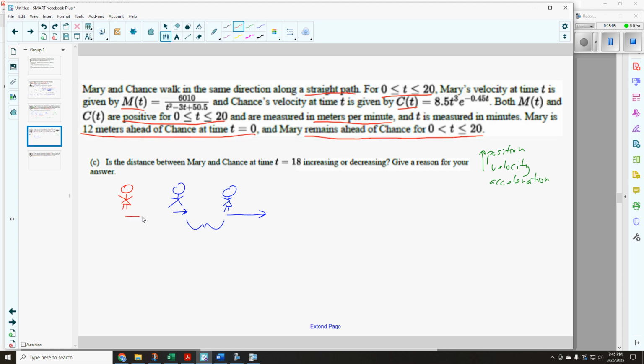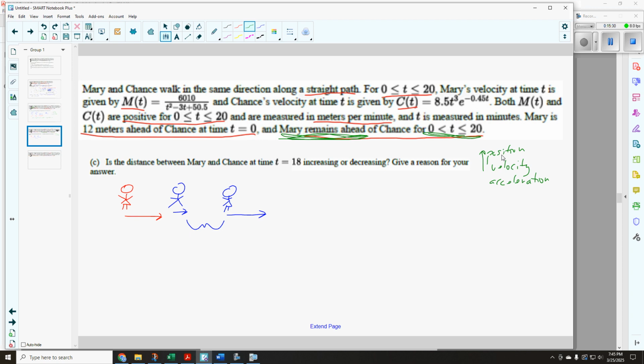Then if her velocity is greater than Chance's, then the distance between them is going to be decreasing. So I thought, oh my God, now I have to go back to this integral thing. But it says in the problem that Mary remains ahead of Chance. So Mary is always ahead of Chance over the whole time interval.